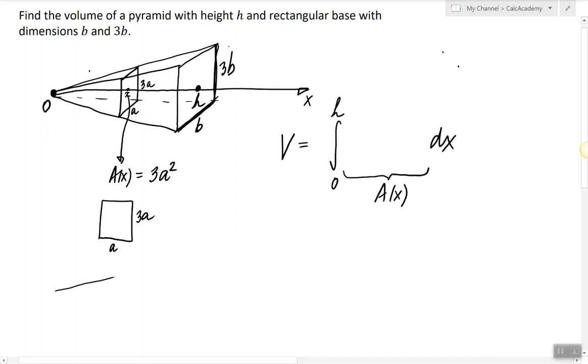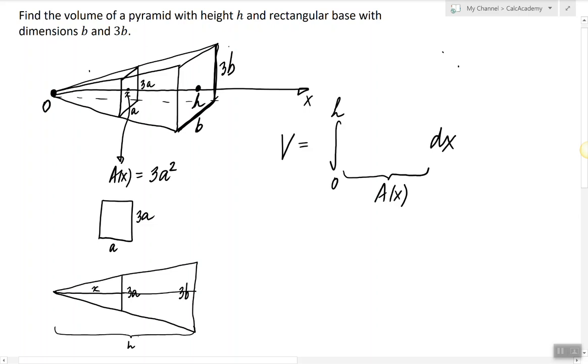And for that, let's consider the following figure. We can assume that this is 3a, this is 3b. The altitude of a smaller triangle is just x, and the altitude of the bigger triangle is h.